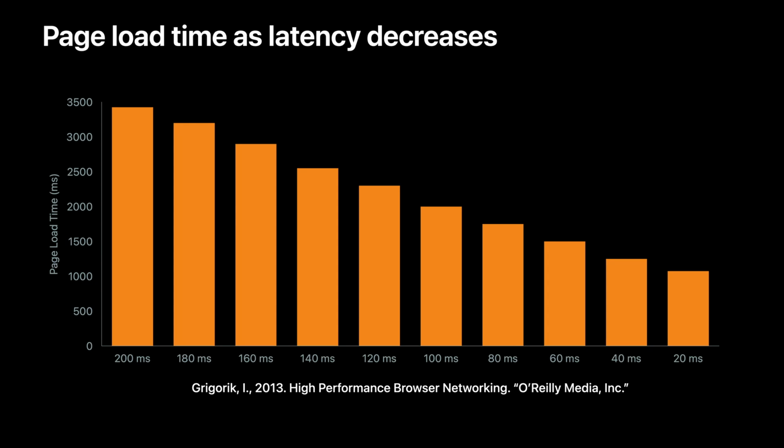But after 4 megabits per second, each incremental increase results in almost no improvement in the page load time. This is why apps can be slow even after upgrading to gigabit internet. On the other hand, the results for the latency test show that for every 20 millisecond decrease in latency, there is a linear improvement in page load time. And these results apply to all network activity in your apps.